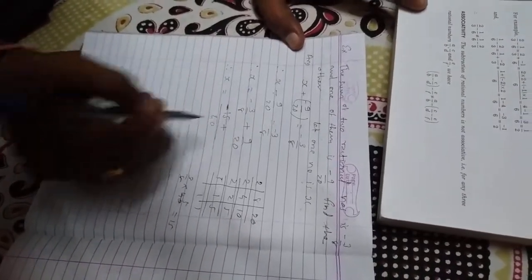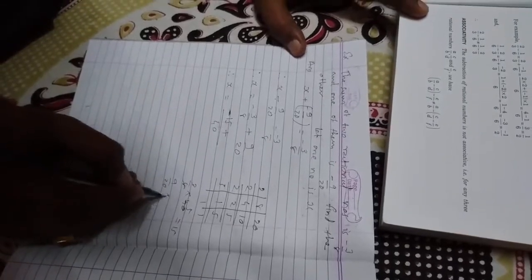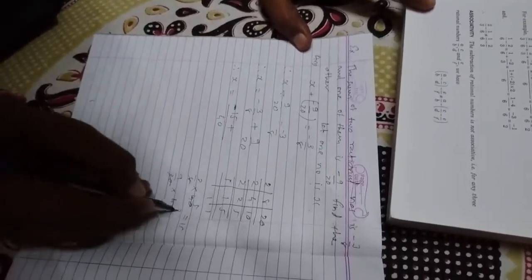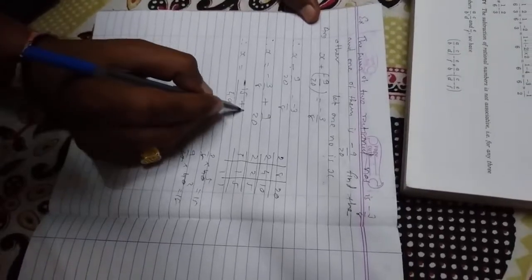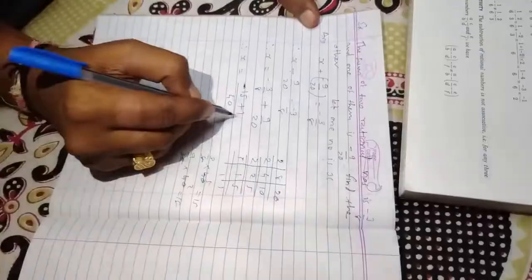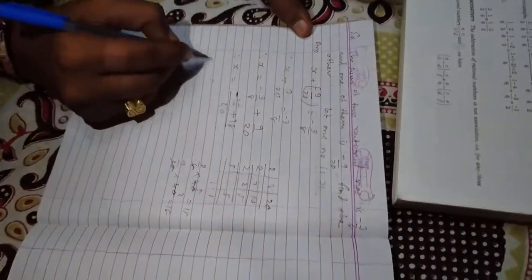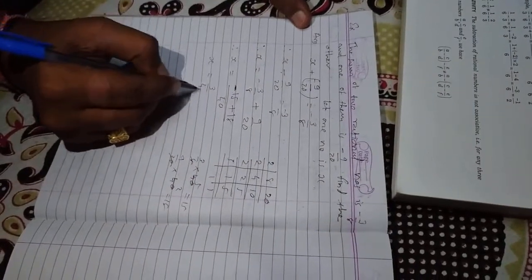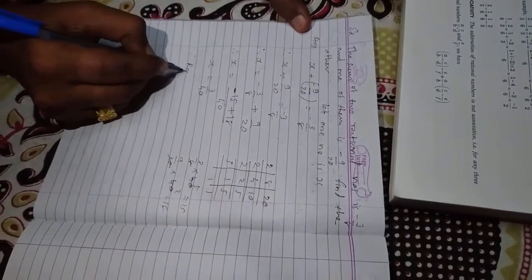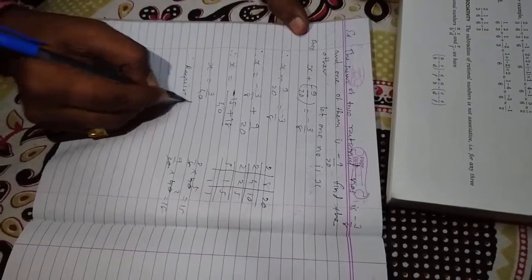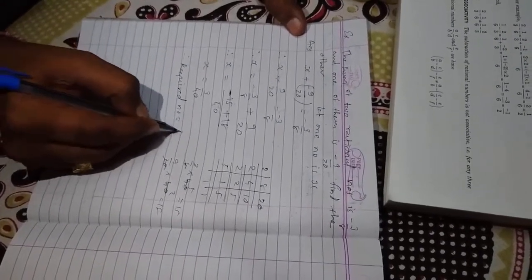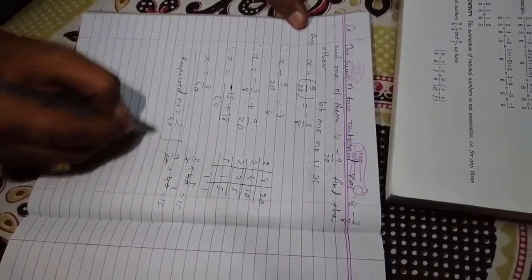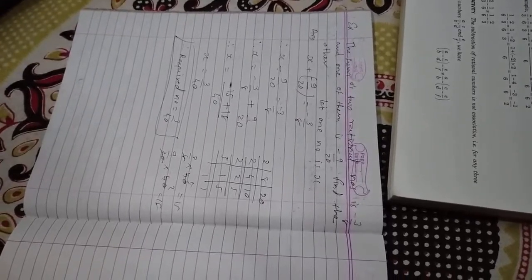Minus 15 plus 9 by 20 multiplied with LCM 40 gives 18. We have to take LCM and add. So x is equal to 3 by 40. Therefore the required number is 3 by 40. The other number is 3 by 40.